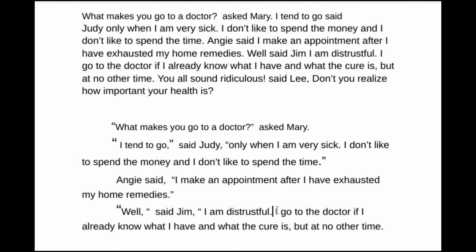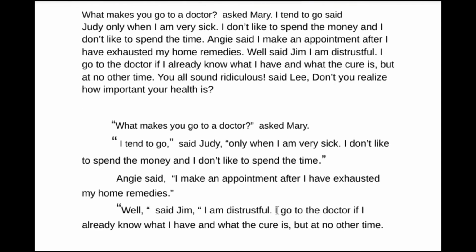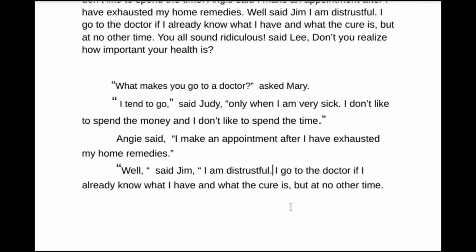So we are going to continue all of what Jim has said and then we enclose it with our other set of quotation marks. Well, said Jim, I am distrustful. I go to the doctor if I already know what I have and what the cure is, but at no other time. Jim has ended his conversation, so we need to enclose it with quotation marks.